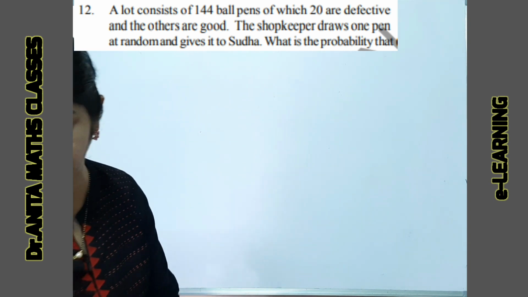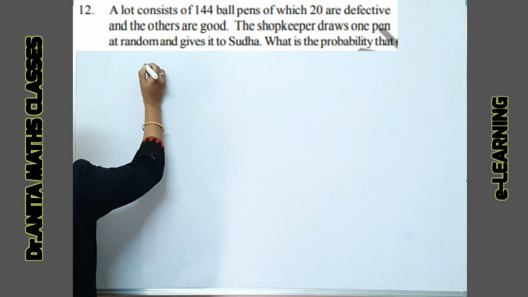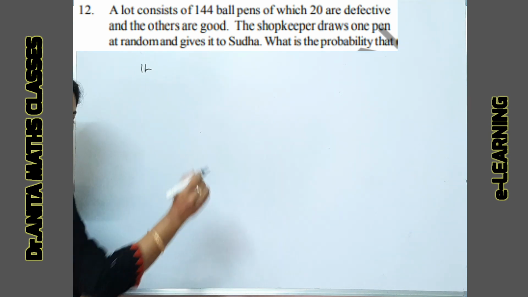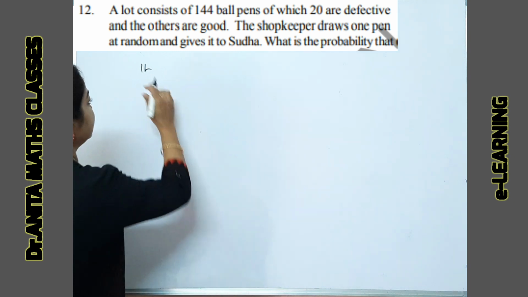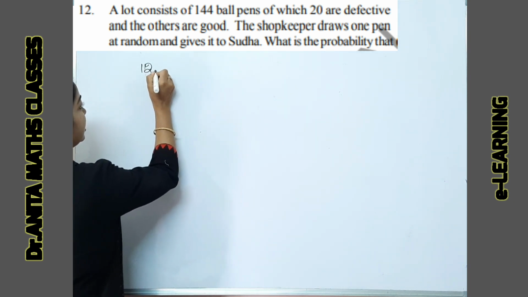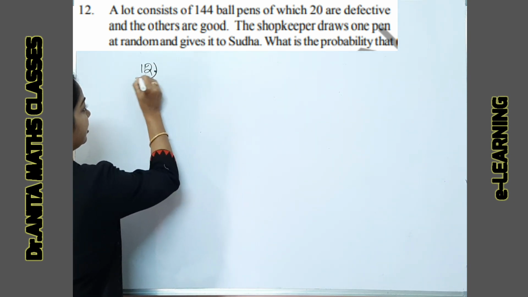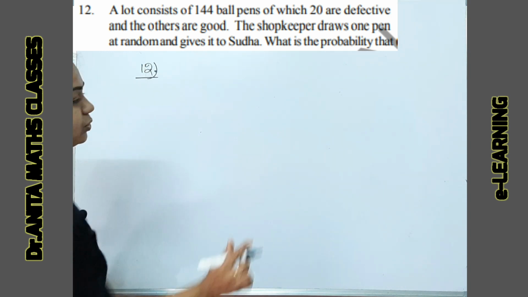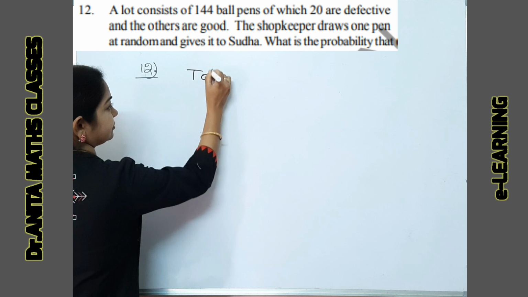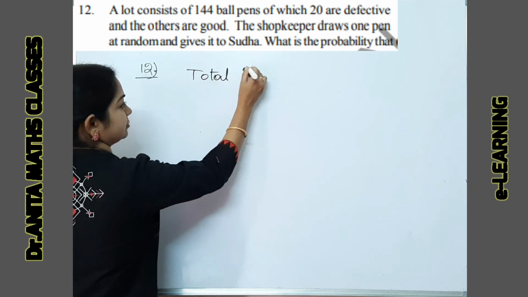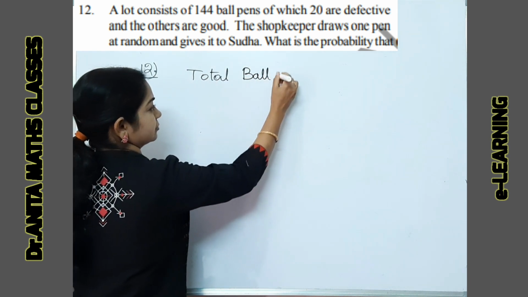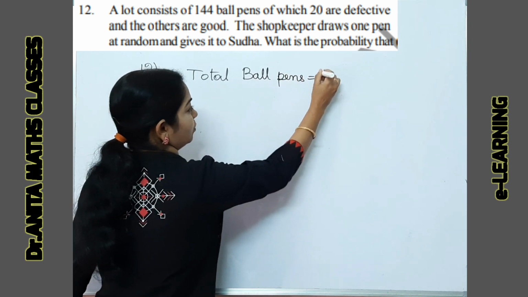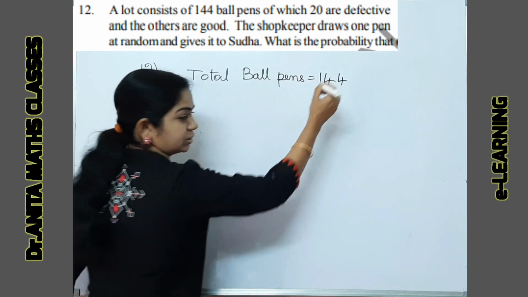Now how many total pens do we have? Total ball pens are 144, so these are the total outcomes.